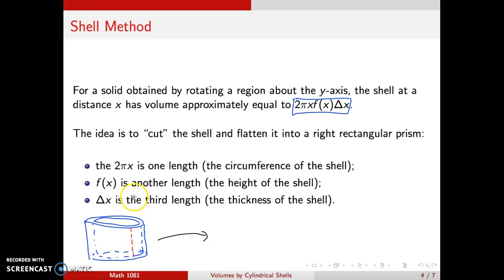And then if I unroll this, not worrying about getting dimensions exactly right, this is probably a little bit short, but it's okay for our purposes.